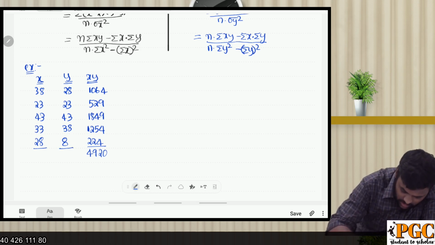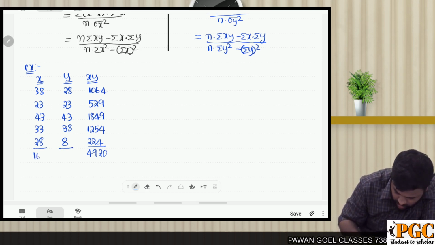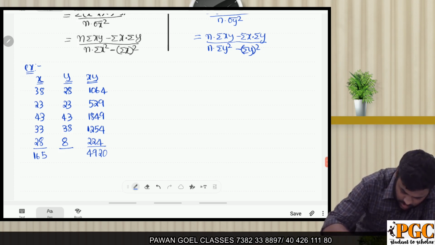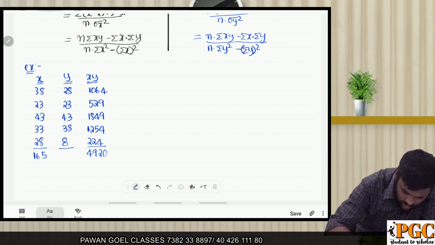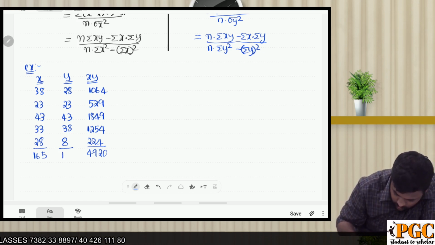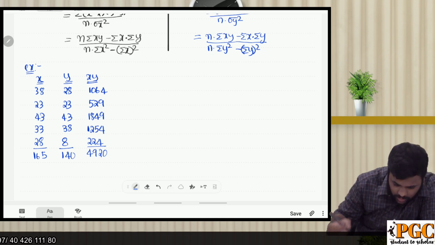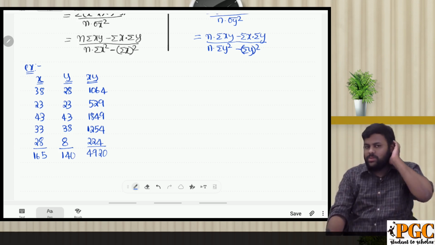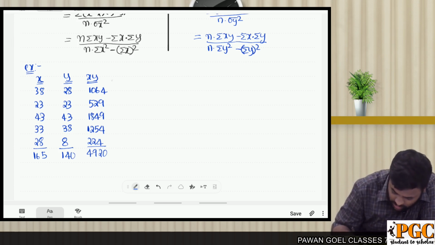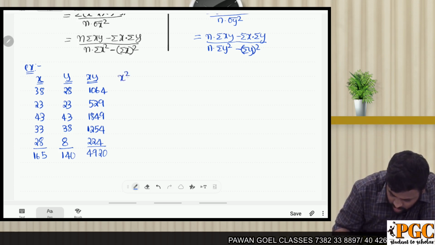Now how much is going to be summation x and summation y, my dear friends? 38 plus 23 plus 43 plus 33 plus 28 is 165, and 28 plus 23 plus 43 plus 38 plus 8 is 140. So these are the summation of x and the summation of y. Now let us compute summation of x square, my dear friends.